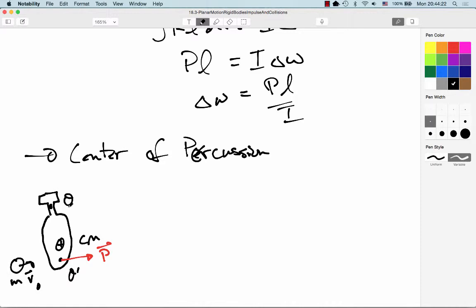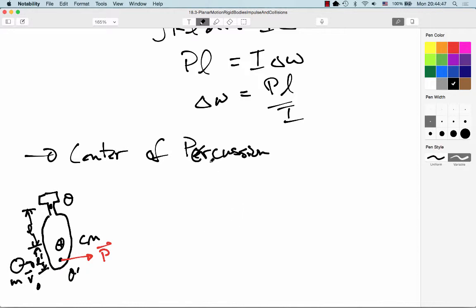We want to hold it right there at point O, and the idea is that we want to avoid stinging there, so we want the velocity at O to be 0. So let's call this length L, that length L prime.